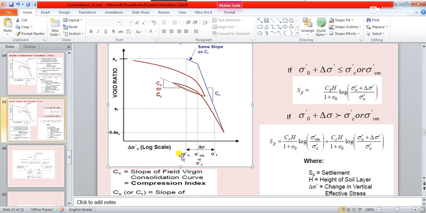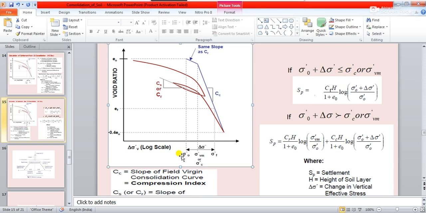In some cases it may happen that after the incremental stress you add to the initial overburden pressure, that will exceed the value of past maximum pressure the soil has experienced, that is the pre-consolidation pressure. And in such case, in your settlement calculation formula, the rebound index as well as compression index both will come into the picture.